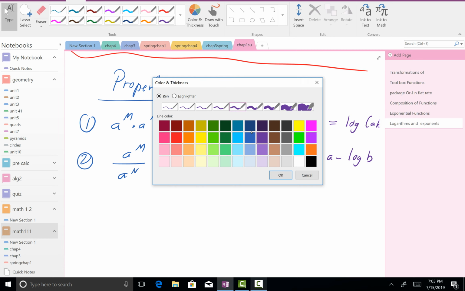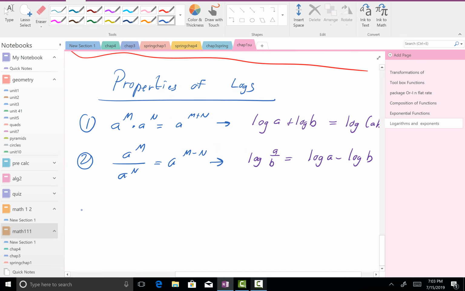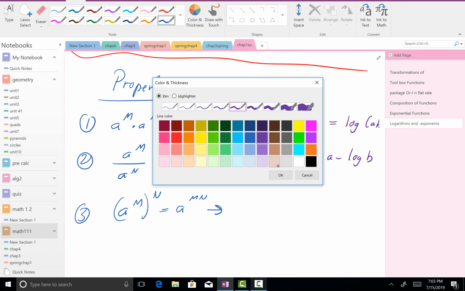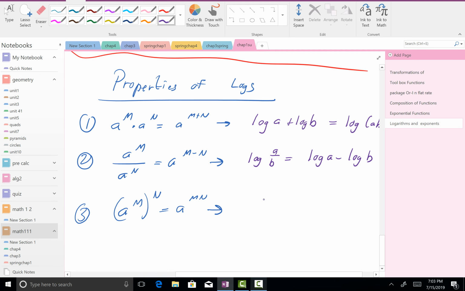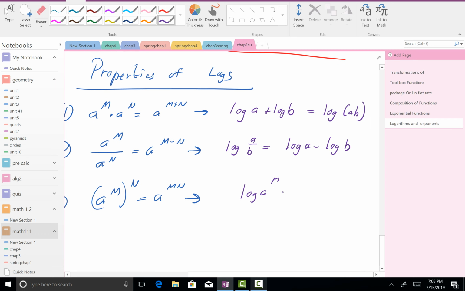One last one. This one's not quite as clear to see. If we have a to the m, to the n, then that was a to the m times n. But in properties of logarithms, if we have log of a to the m power, then this number flies out in front and it becomes that.